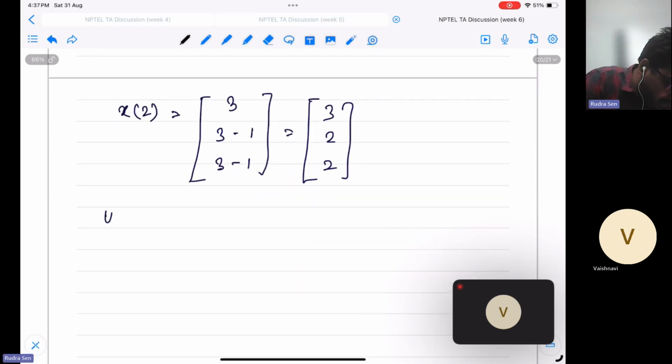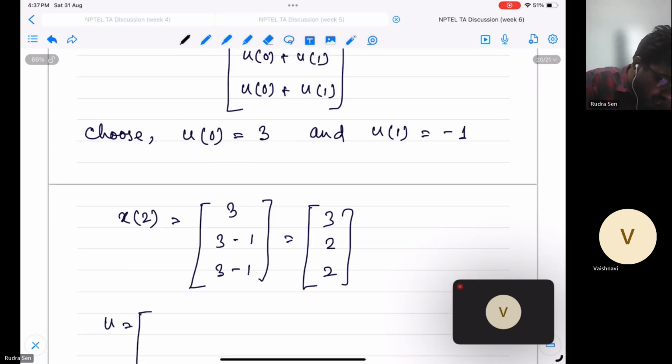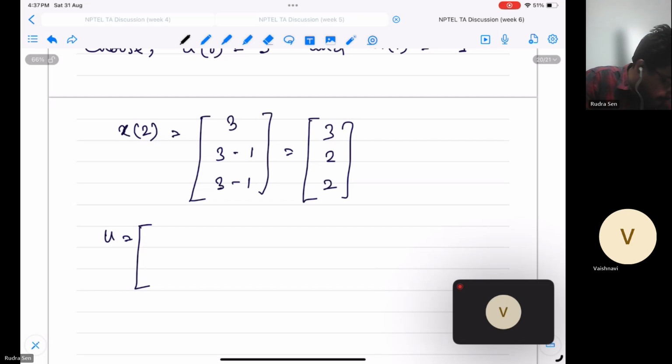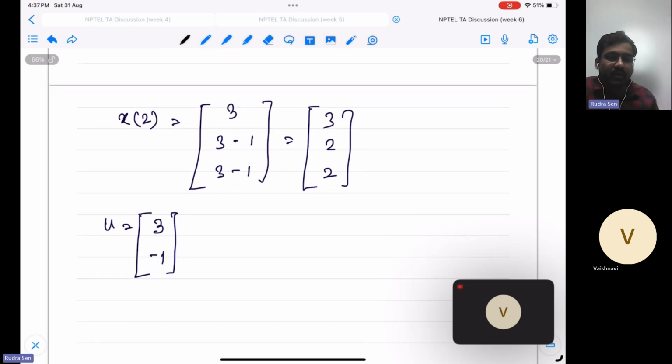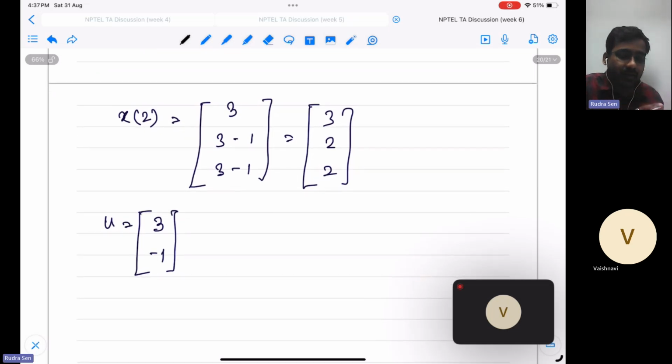That means there exists a control input, u0 equal to 3 and u1 equal to -1, which leads the system to this state in two time steps.